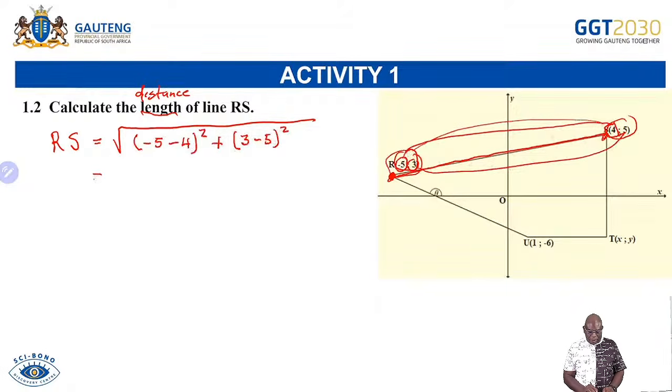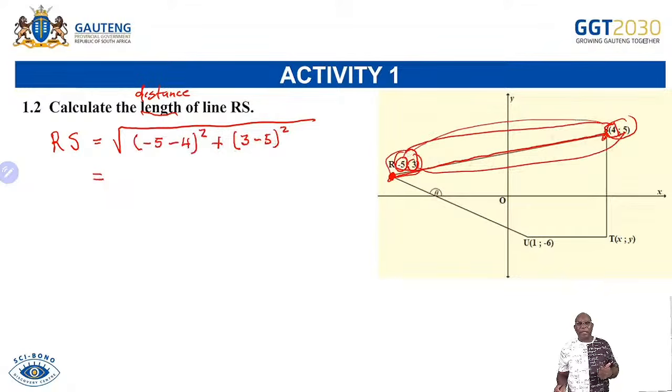Then from there, you just take your calculator. Press square root, open bracket. I hope you're doing it with me. Some have already got the answer, I know. Minus 5 minus 4, all squared, close bracket, then plus, open bracket, 3 minus 5, close bracket, squared, and I must get my answer there.